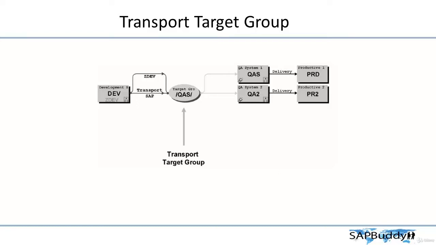And remember, in our previous slides we have seen 2 different landscapes in a single transport domain. In an ideal situation, we should try to make the development system a single system. You can have multiple production systems, however the development system should be a single system.